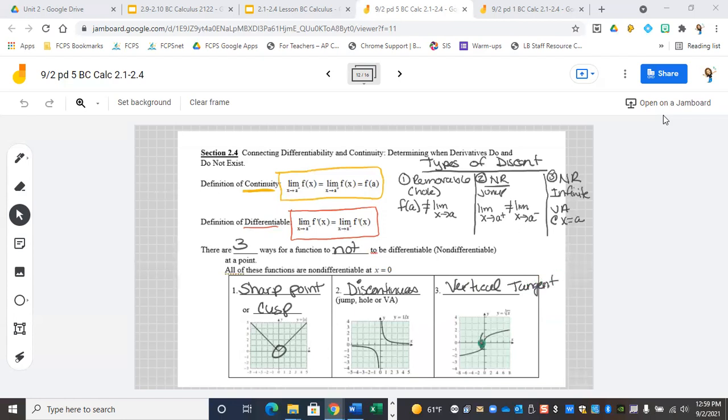Right there, you can see it. Questions on what makes it not differentiable or not continuous?